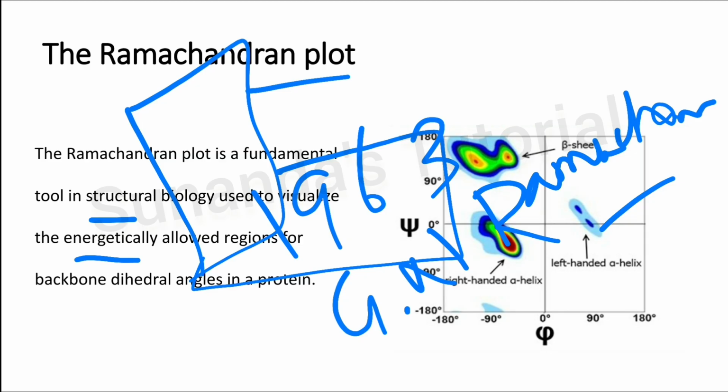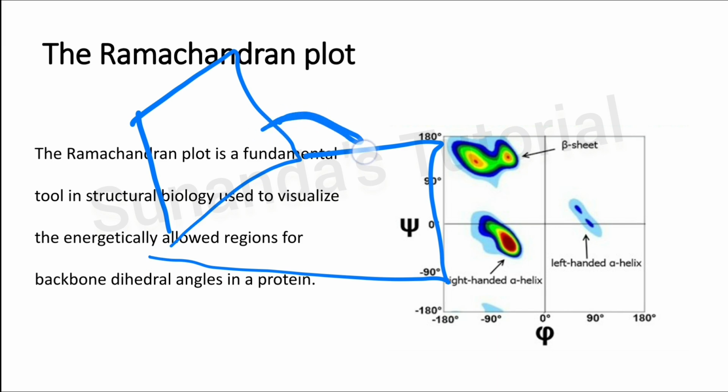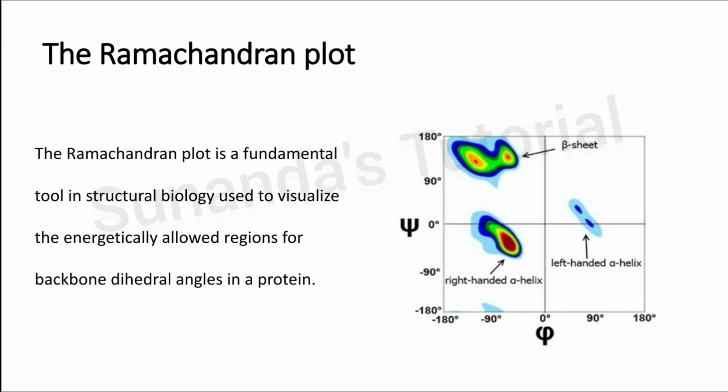It is measured on a third plane that sits at right angle to the line where the first two planes meet. Suppose it is one plane, it is another plane, this is the dihedral angle. Okay, so that is about the Ramachandran plot.